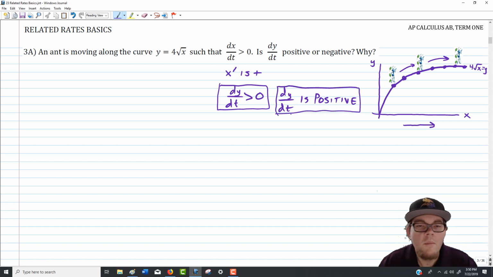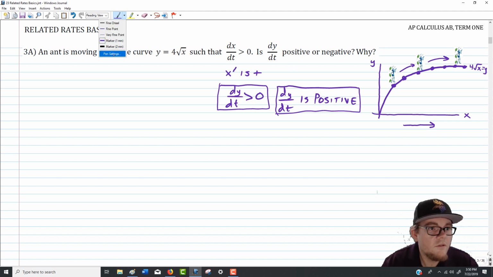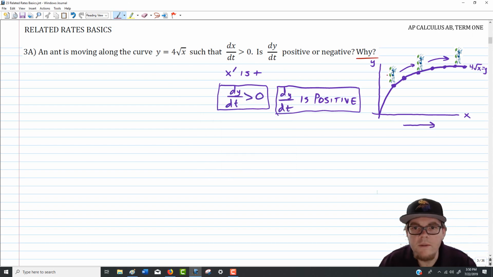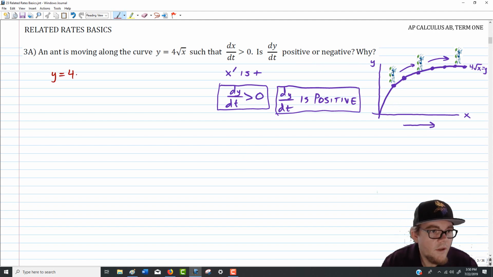Nothing wrong with it. But the question might be, okay, we saw the picture, but how would we know otherwise? Is it even possible to support it in another way? And the answer is yes, of course it is. What I did to answer that was make a visual picture of what the situation looked like. We could also do this as a pure related rates question. So I'm going to differentiate that relationship with respect to time t.